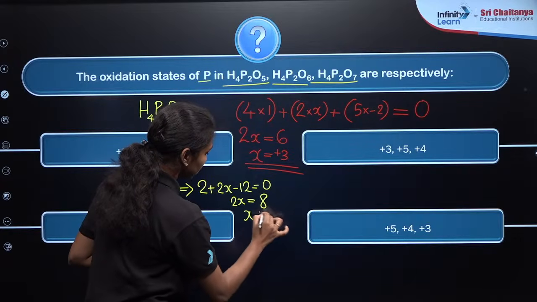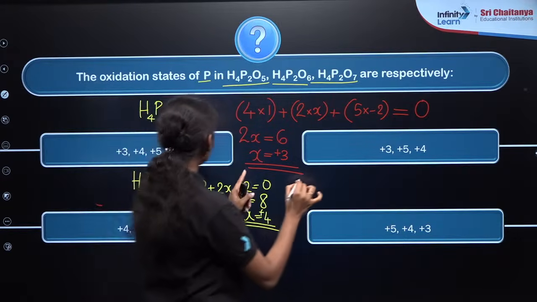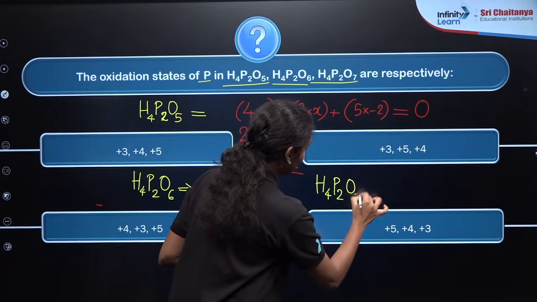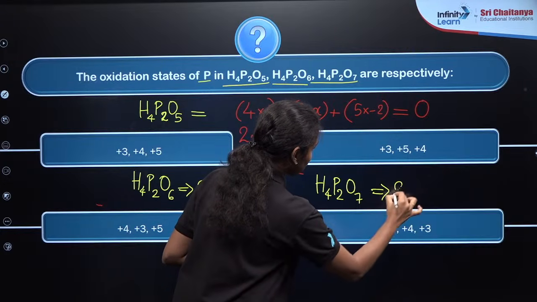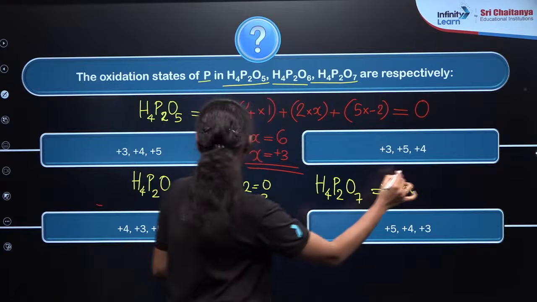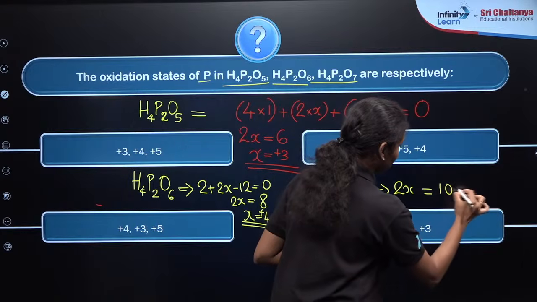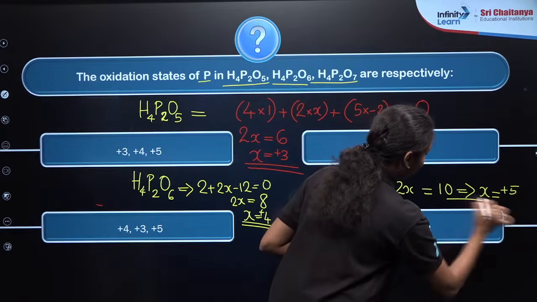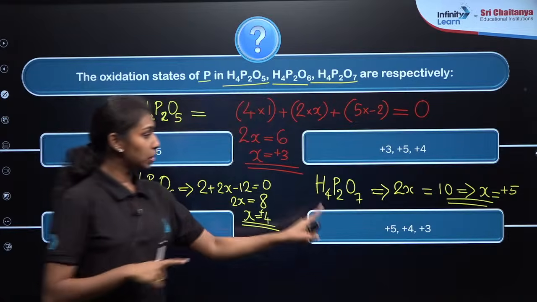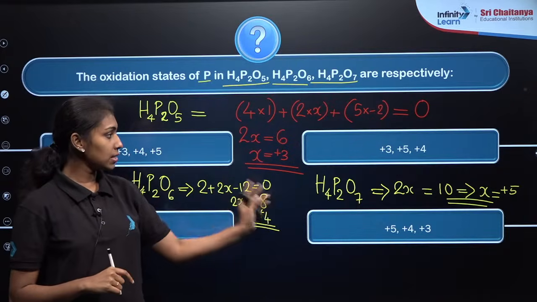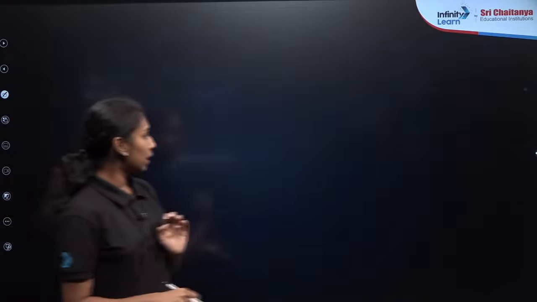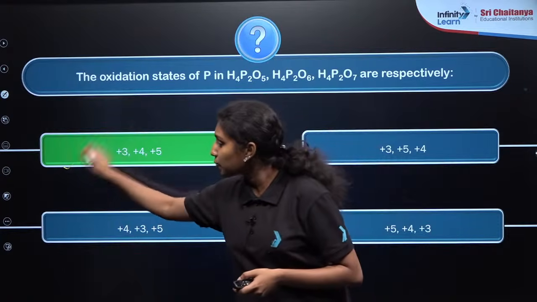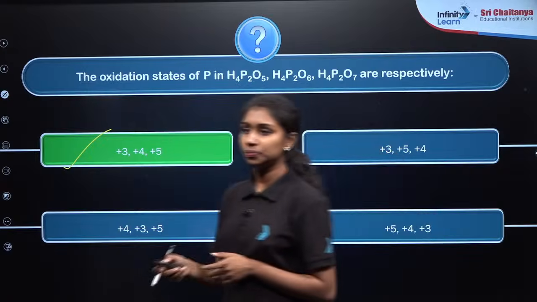If I take H4P2O7 and solve, you will get 2x is equal to 10, or x is equal to 5. I am not solving completely here. You can use the same method and you will get the oxidation number of phosphorus in each case. So option A will be the correct answer: plus 3, plus 4 and plus 5. Clear?